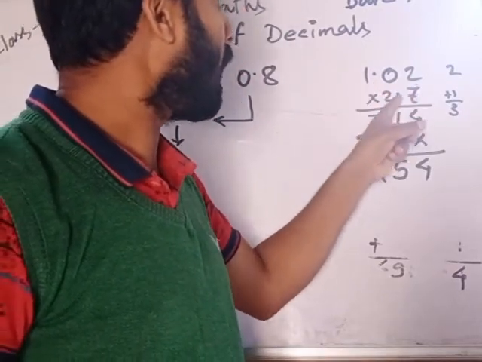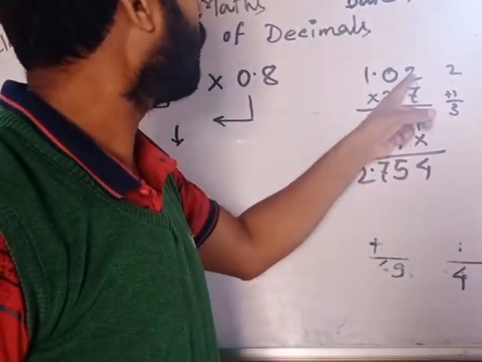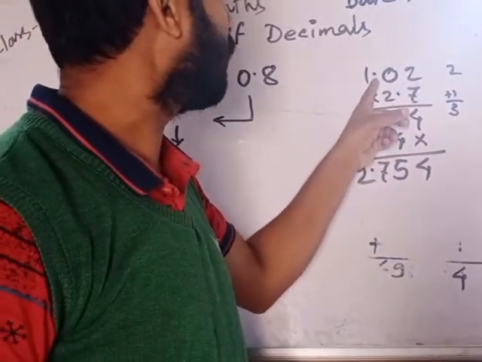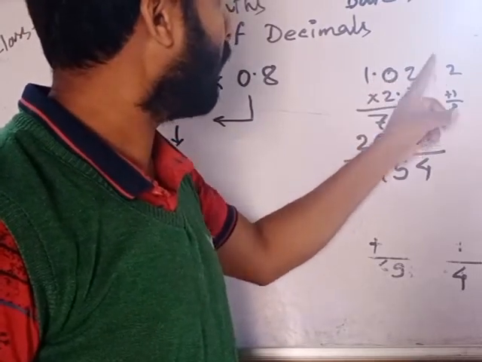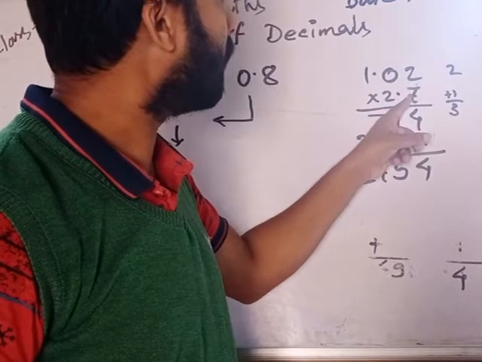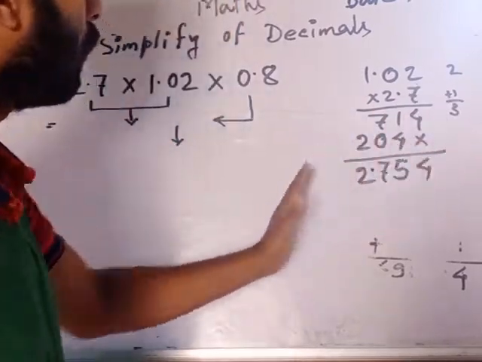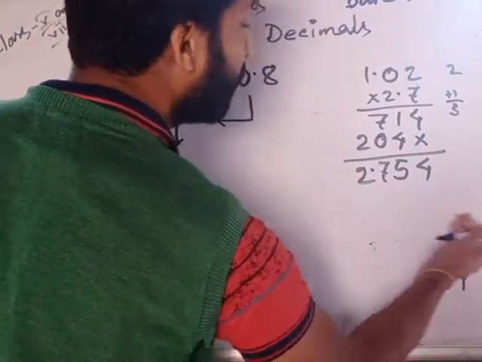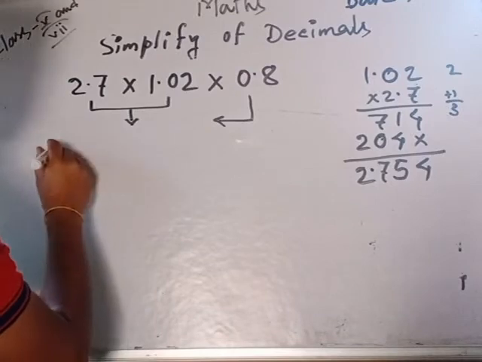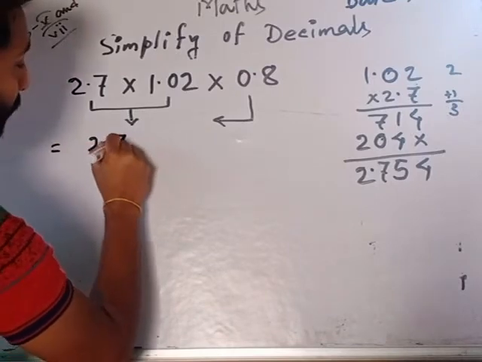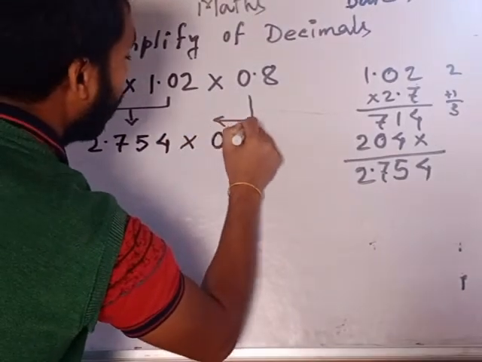From the multiplier it is 1 back, and from the multiplicand 2 back. So 2 plus 1, that is 3. So the point goes back 3 digits from the extreme right. So it is 2.754.